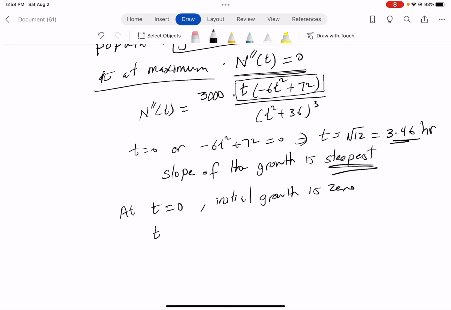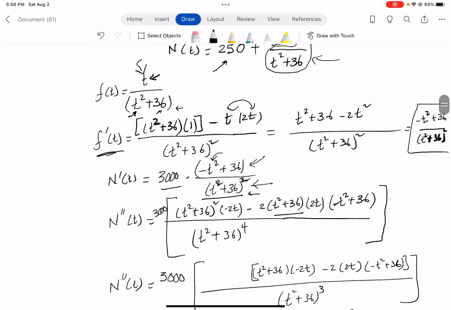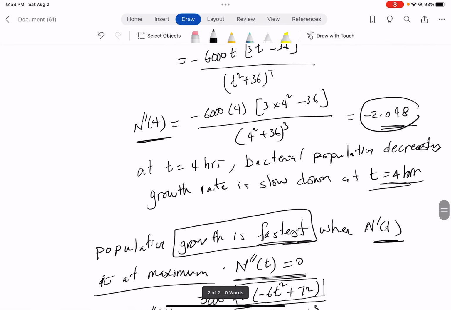As time goes to infinity, the first derivative goes to 0. When this is very big, you can see that everything goes to 0 as well.